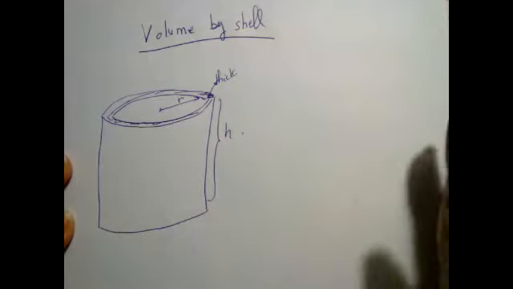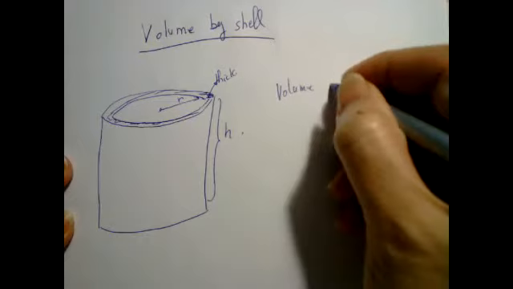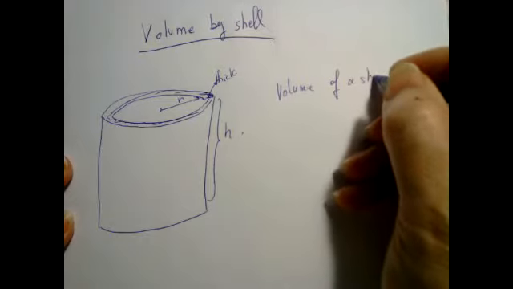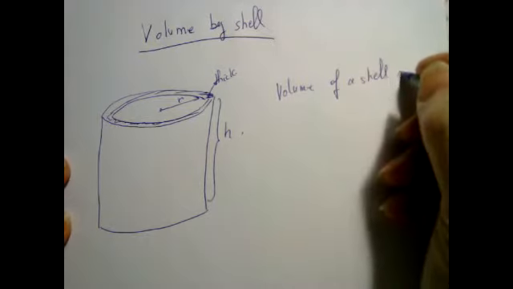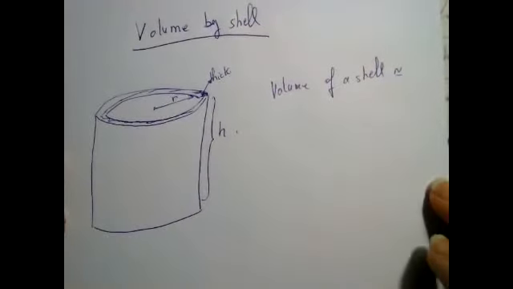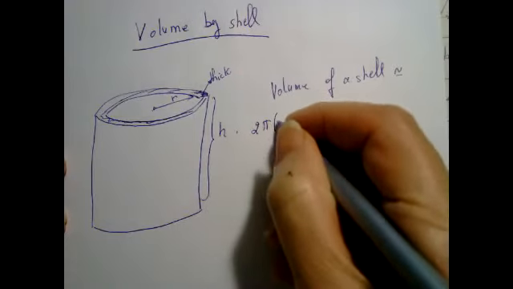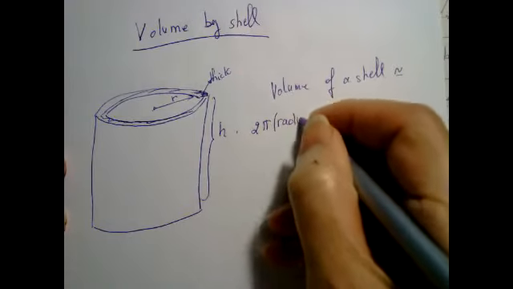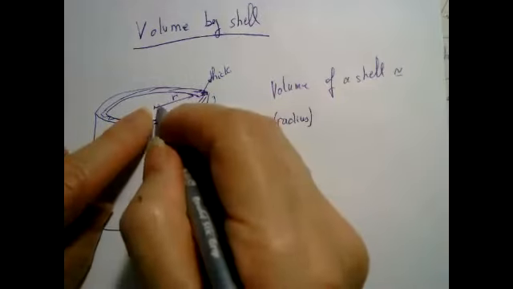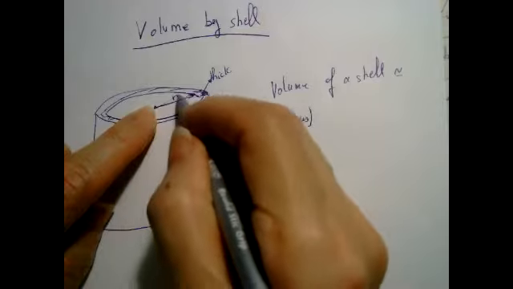And the volume of a shell is almost equal. It's not equal, that's an approximation of it. It's almost equal to 2 pi times the radius. It doesn't matter whether you take the radius of the inner shell piece or the outer.